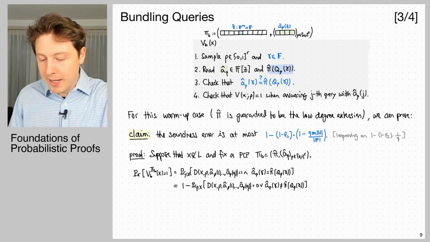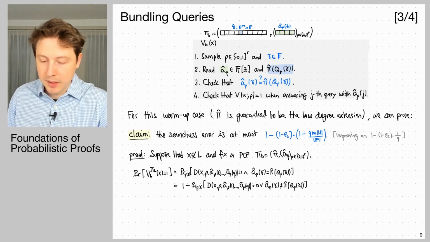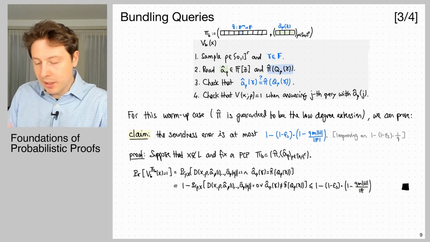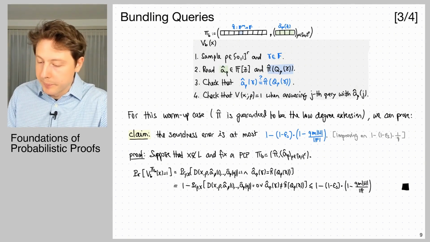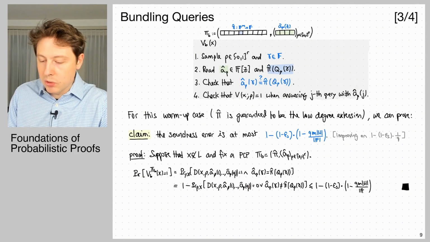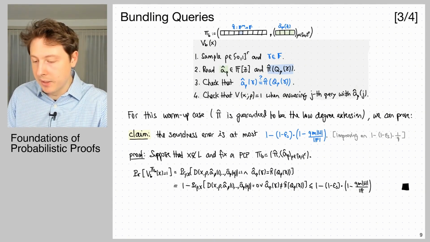Well, that is 1 minus the probability that either of these things fails. And it's pretty easy to argue how often this would fail. There are only so many locations where these are going to be inconsistent, and fail and pass, right?